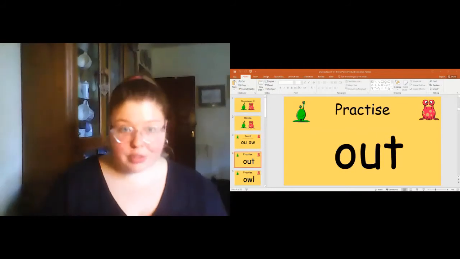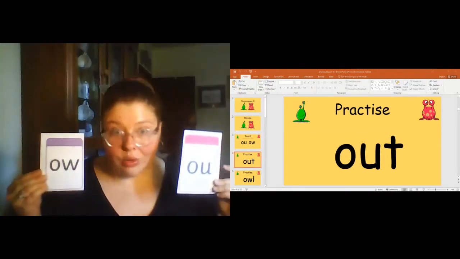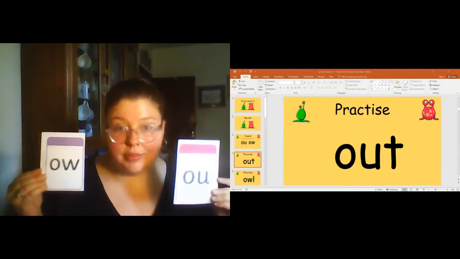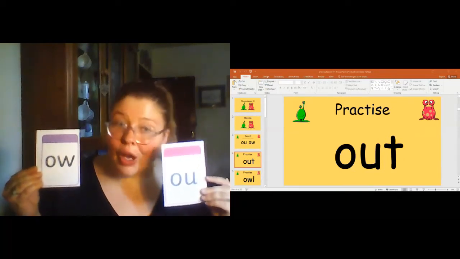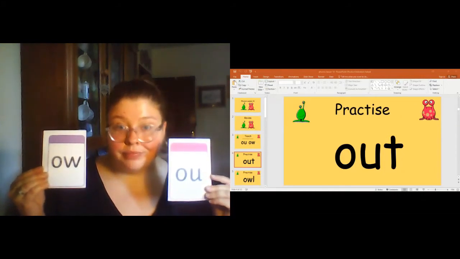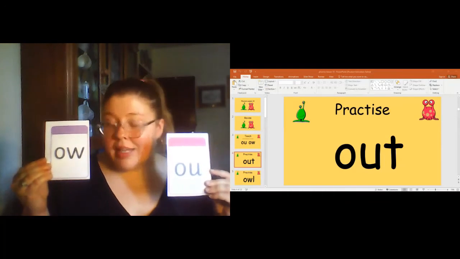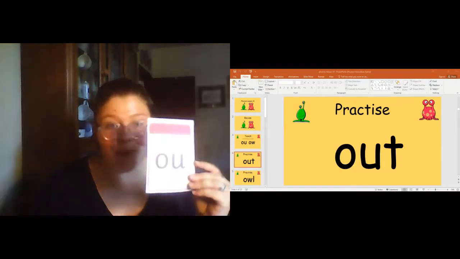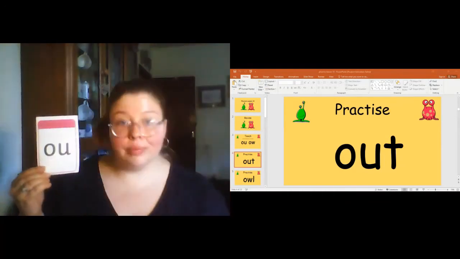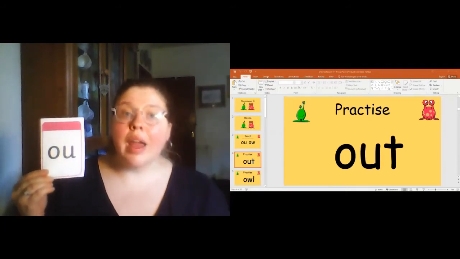At our first word, I want you to decide which grapheme for ow you can see in this word, and then have a go at blending that word back together. You're right, it is this ow, as in O-U, and it blends together a little bit like this.